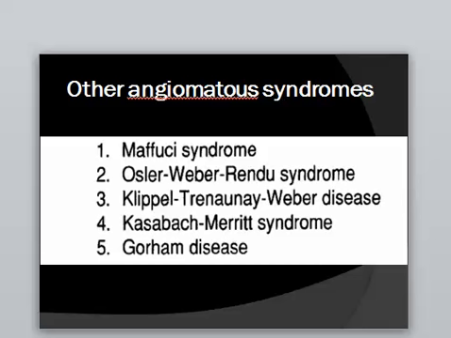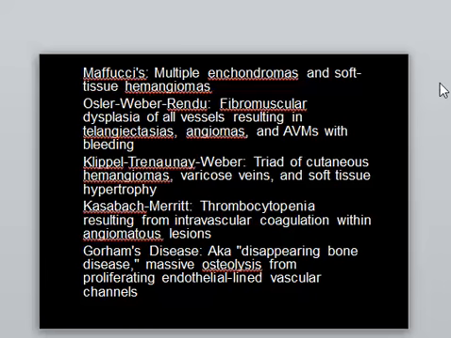Other angiomatous disease syndromes are Maffucci, Osler-Weber-Rendu, Klippel-Trenaunay disease, Kasabach-Merritt disease, and Gorham disease. Maffucci is the multiple enchondromas and soft tissue hemangiomas. Osler is the fibromuscular dysplasia of vessels.